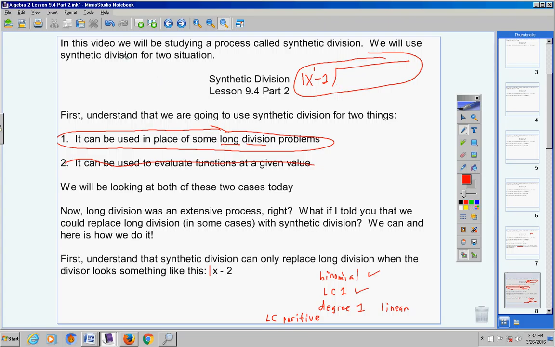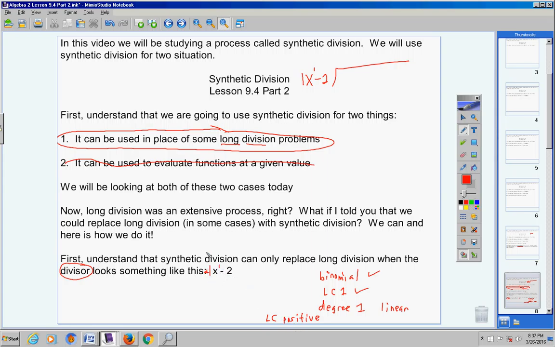You can only use synthetic division when these 4 things exist with your divisor. If just one of these is missing, you're going to have to use long division. Third time, it must be a binomial. Your lead coefficient must be 1. Your degree must be 1. And the lead coefficient right here must be positive.